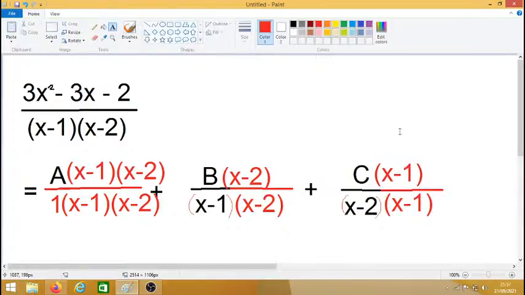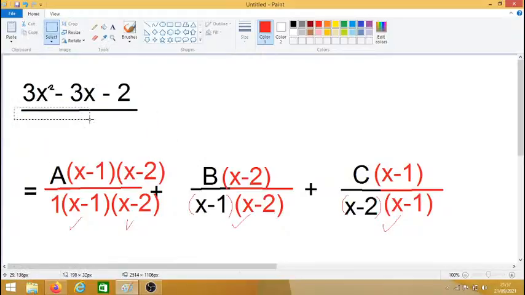Okay, great. And now to make things a lot easier, as long as you're sure that all the denominators are the same for every fraction, then we can cancel out all the denominators. Now we are going to need still a bit of space, but we can cancel out a lot.